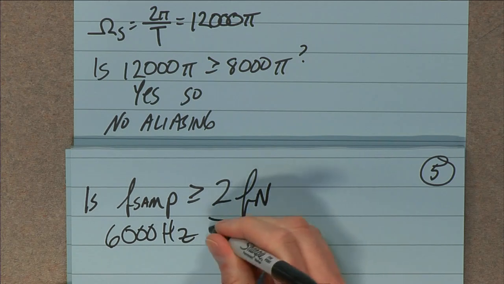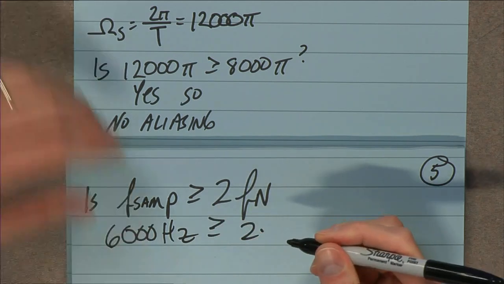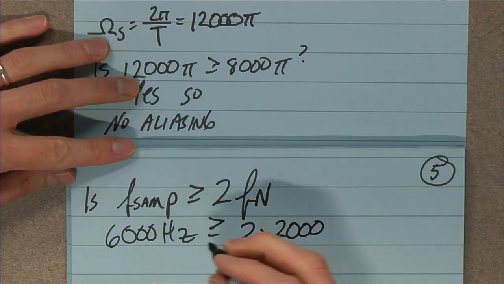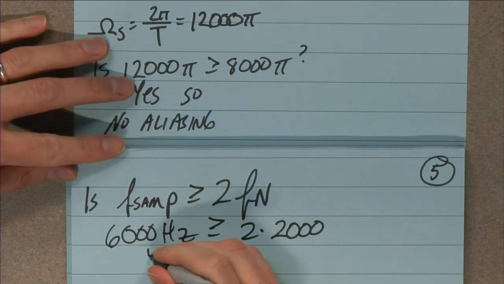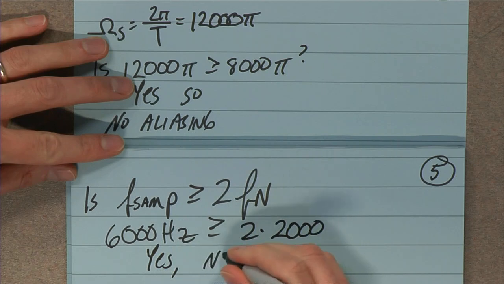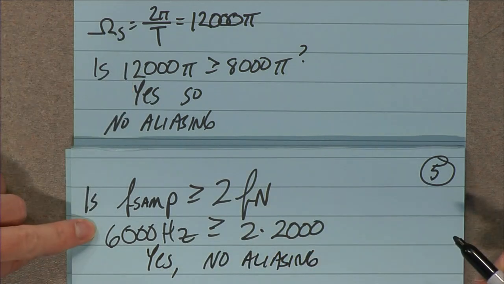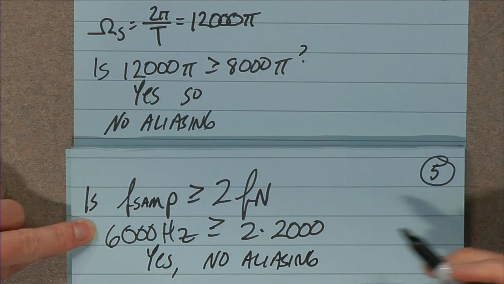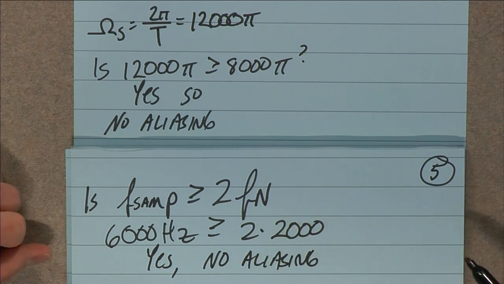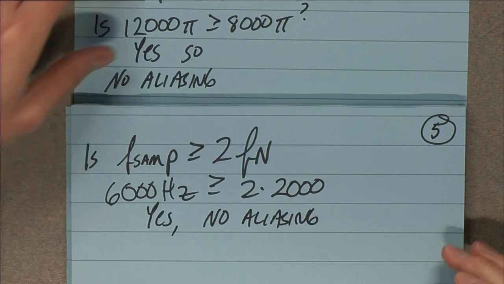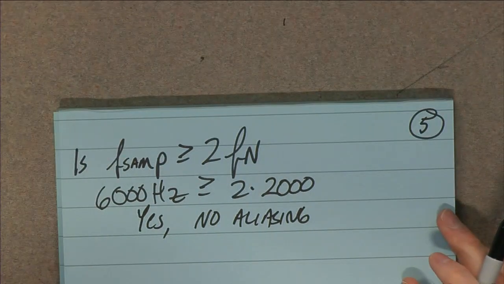Is 6,000 hertz greater than 2 times 2,000 hertz? That's 4,000, so yes, there's no aliasing, because 6,000 hertz is the sample frequency, and that's greater than 2 times the highest frequency in the signal. So we're in good shape. Nothing tricky yet.